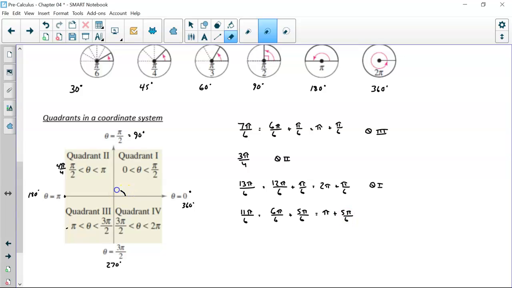So pi would take us to 180, and then that 5 pi over 6 is almost another full pi. So our angle would be down there somewhere, which would be in quadrant number 4. It's going to take some time to get used to this, but this is our goal as we're working through it. So let's do some more examples.